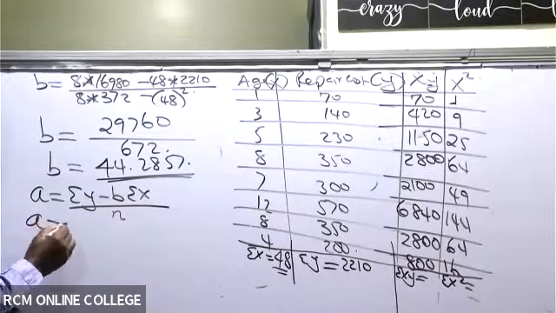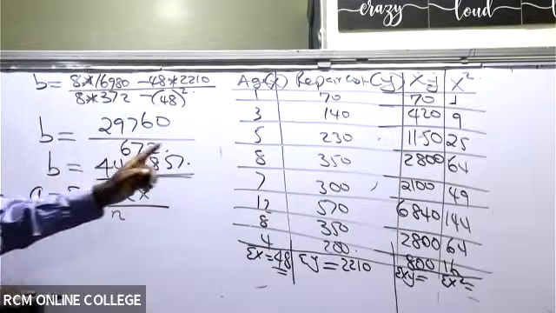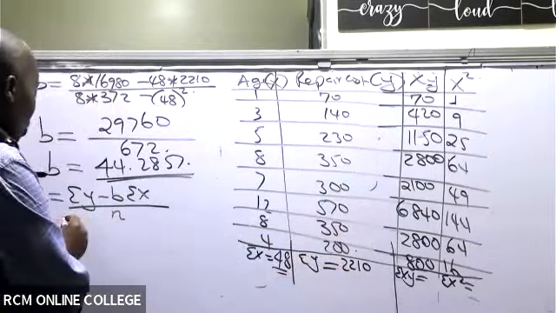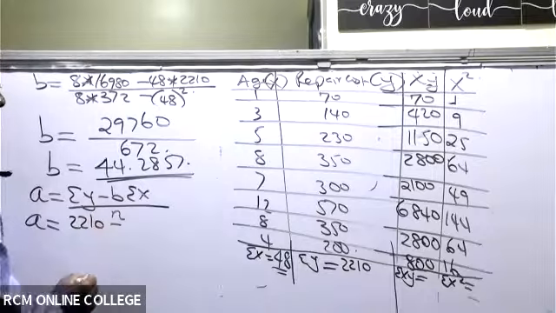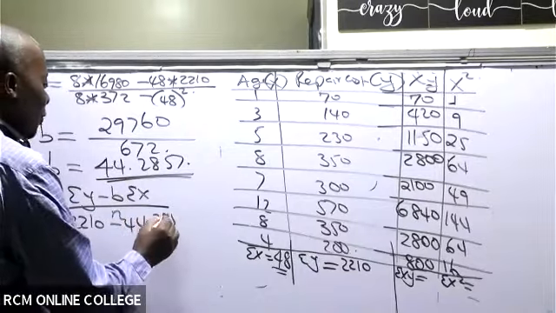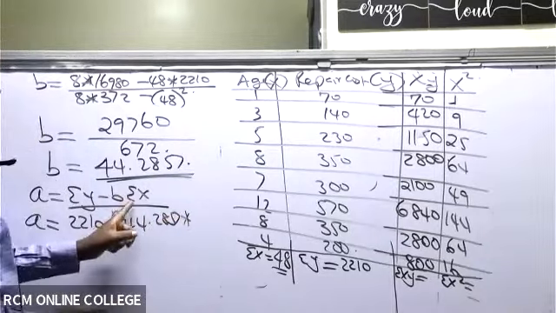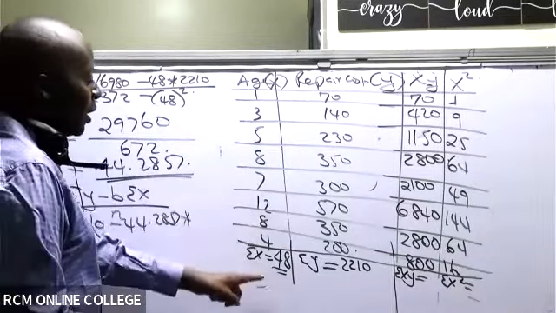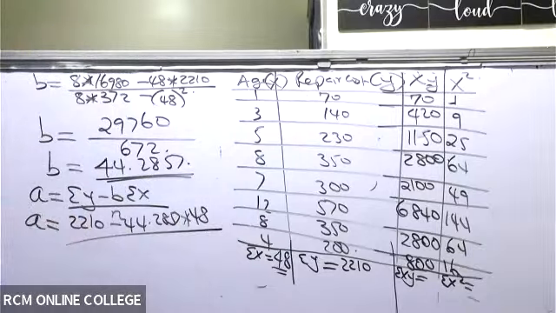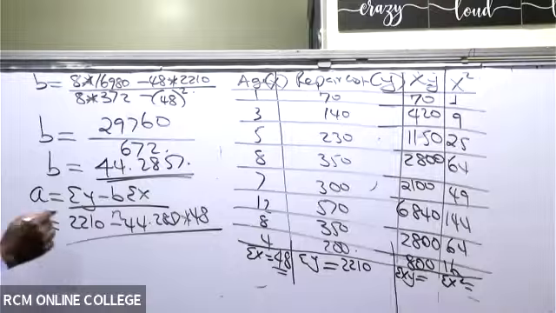Our A will be equal to summation of Y, which is 2210, minus B, which is 44.2857, times summation of X, which is 48, divided by our number of data points, which is 8.